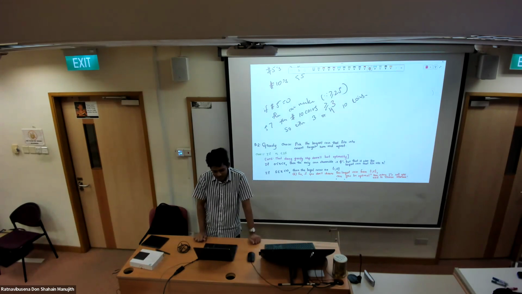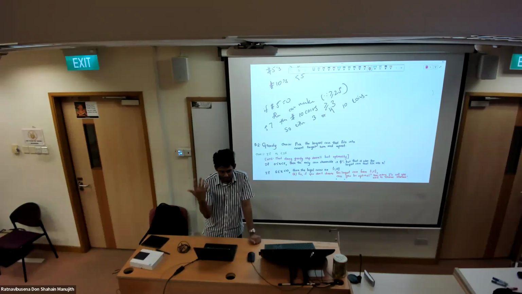So if you have at least 5 1 coins, then can you be optimal? Why not? Because you can always replace 5 1 coins with one 5 coin. Therefore, you decrease the number of coins in opt, right? So then can opt be optimal?